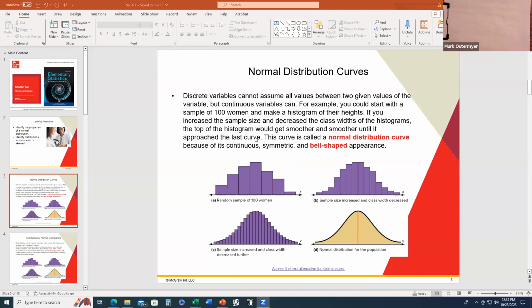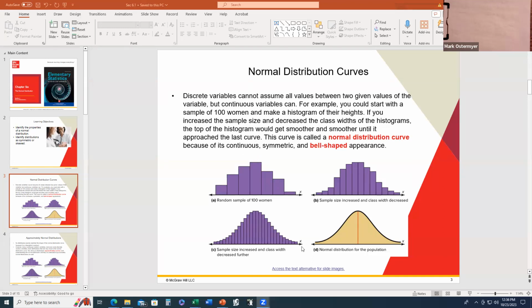Now, as the sample size increases and we decrease the widths of the classes, we tend to have more bars, okay? And our distribution actually starts to approach more and more of a symmetric bell-shaped distribution.